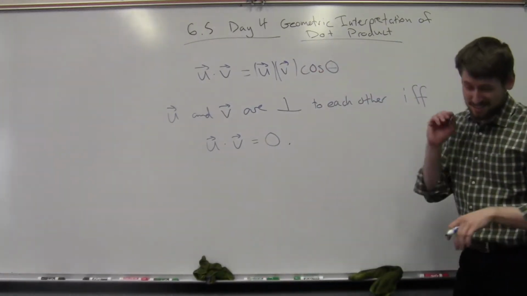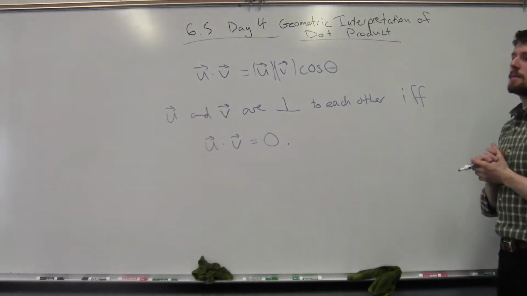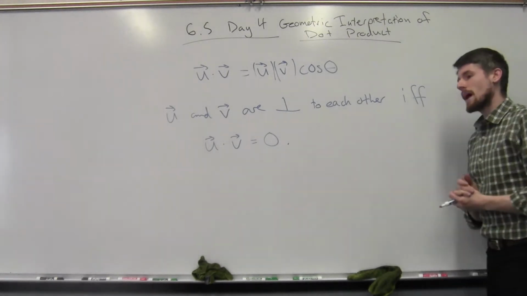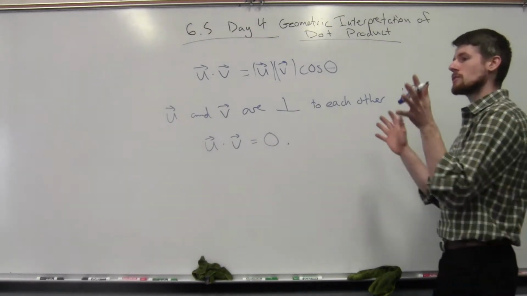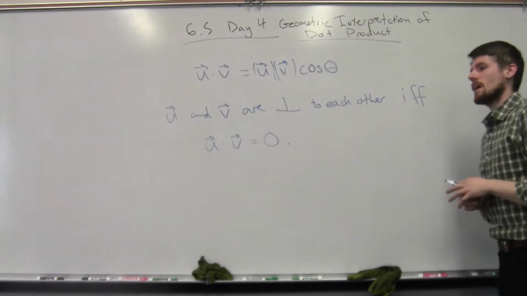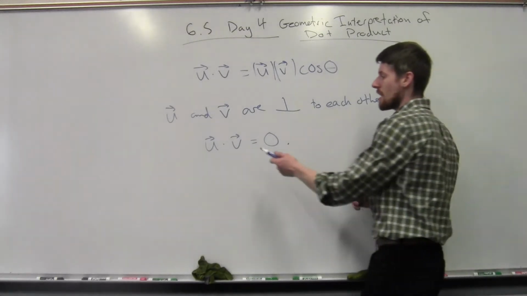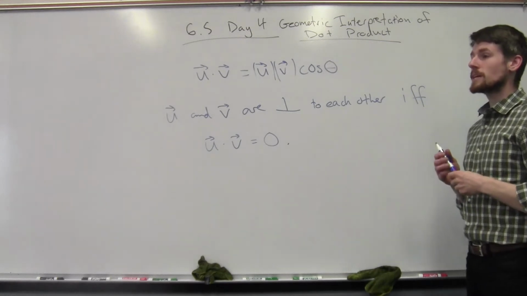And that is so essential and so nice that it comes up again and again in physics and in math, in terms of figuring out how you know when two vectors are perpendicular. It's a very nice tool because computing the dot product between two vectors is pretty simple.